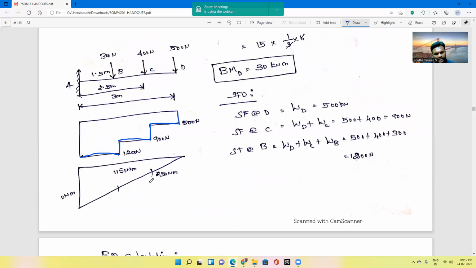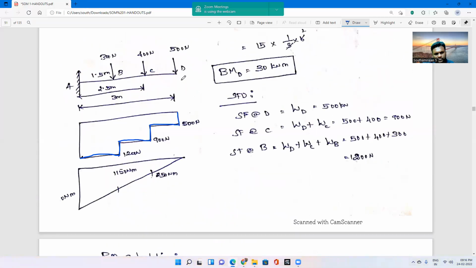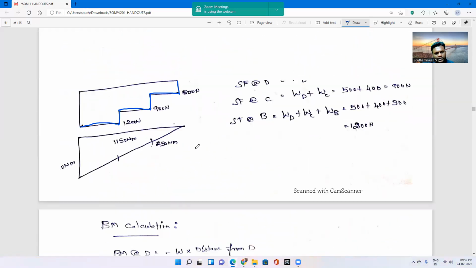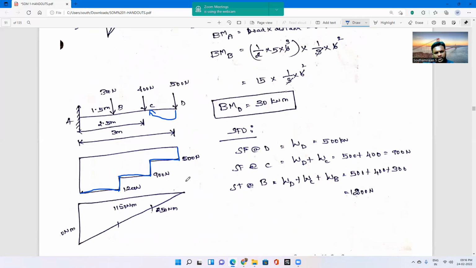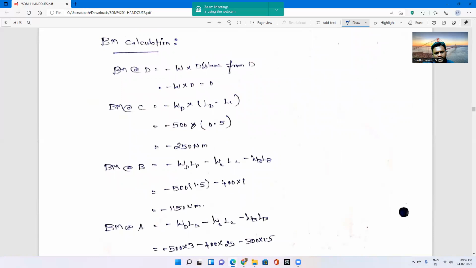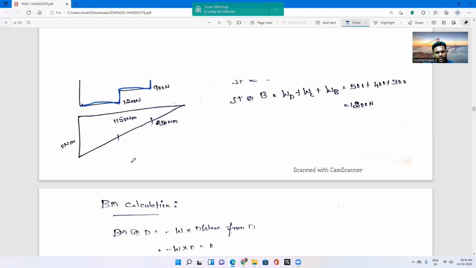The load of 500 Newton will travel to C point along this direction, a distance of 0.5 meter. So that is 500 into 0.5, and you will obtain the value as 250 Newton meter. The deflection will be on the downward side, so in order to indicate the downward direction, we will provide a minus sign along with it.